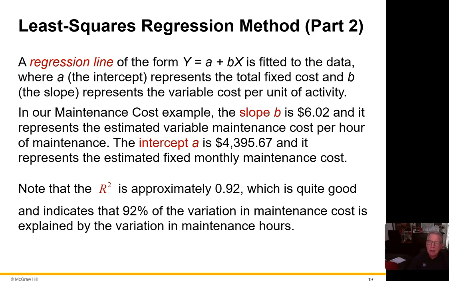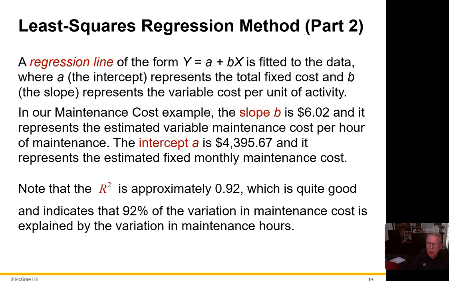So in our maintenance cost example, the slope b is $6.02, and it represents the estimated variable maintenance cost per hour of maintenance. The intercept a is $4,395.67, and it represents the estimated fixed monthly maintenance cost.